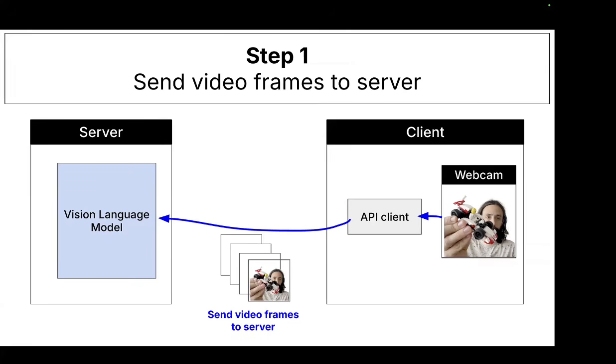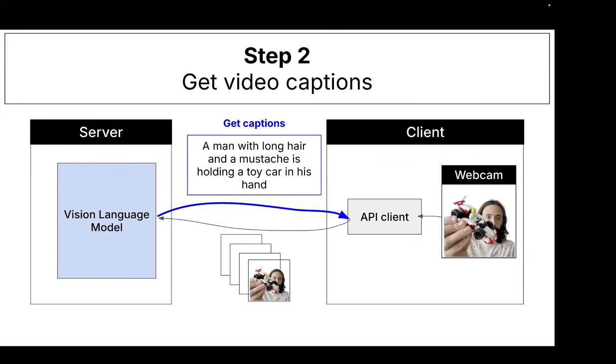The vision language model, in this case GPT-4o, transforms the image into a text description of what it sees, and then returns the video captions. For example, I tested showing my face and one of my kids' Legos, and the model said, "A man with long hair and a mustache is holding a toy car in his hand."